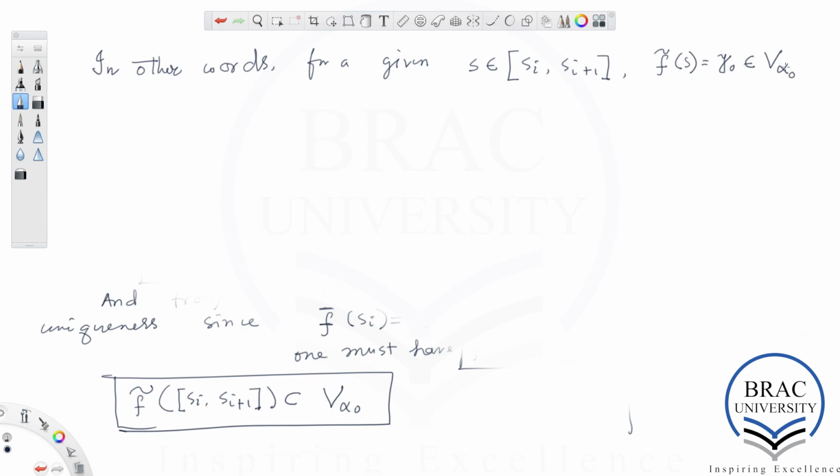As long as s is in this interval, F tilde of s must be contained in V sub alpha 0.